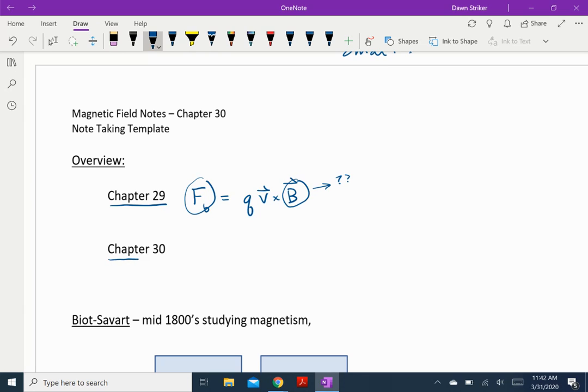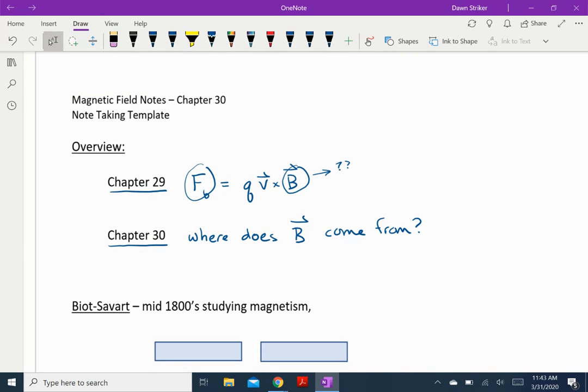Now in chapter 30, it's all about the magnetic field. Where on earth does it come from? Fields are always a little harder to get a grasp on. Forces are pretty straightforward. We can measure them.